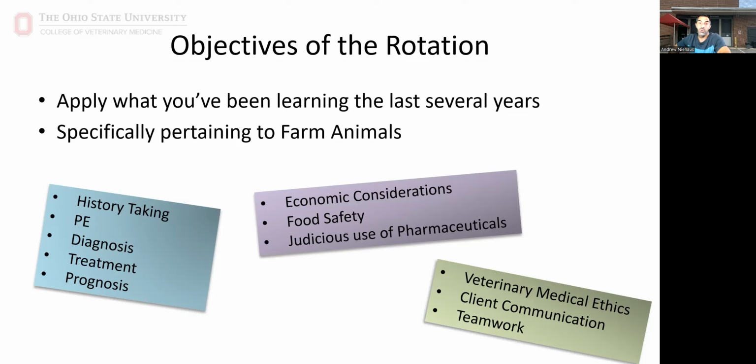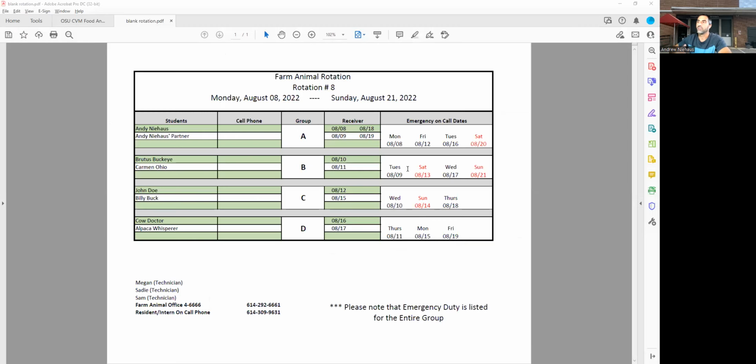This, as with many of the rotations, is an opportunity to practice good veterinary medical ethics, client communication, along with sometimes referring veterinarian communication. Communication amongst your team and amongst your rotation at large is certainly an important component of the rotation, and an opportunity for you to practice and hone some of those skills.